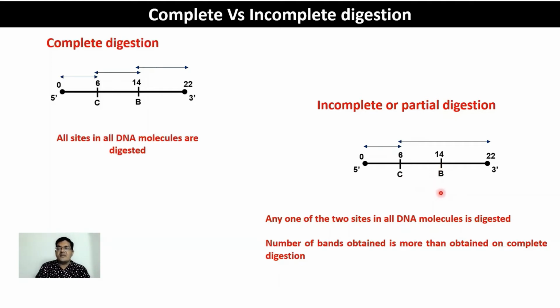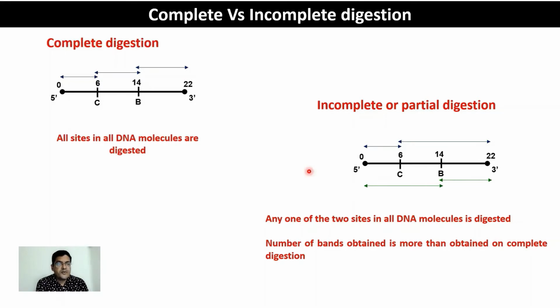So in that case, again, you will have two fragments. This is the first fragment for 5' end. You'll have one 14 kb fragment. And then, of course, the remaining, that will be your 8 kb fragment. So effectively, what you get is 4 bands here instead of the 3 bands that you get on the same DNA on complete digestion. So the number of bands obtained is more than obtained on complete digestion.